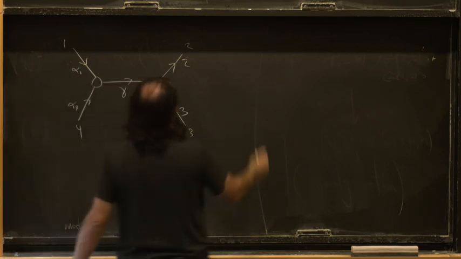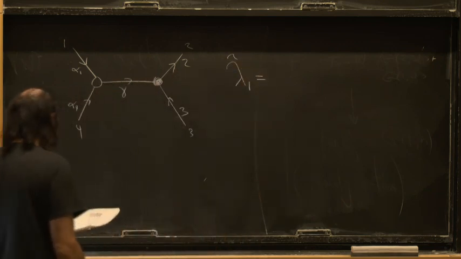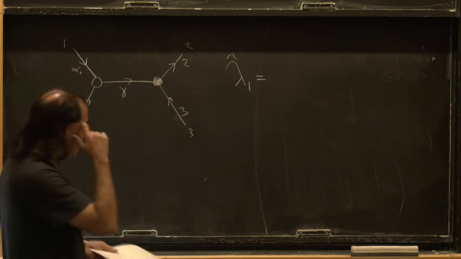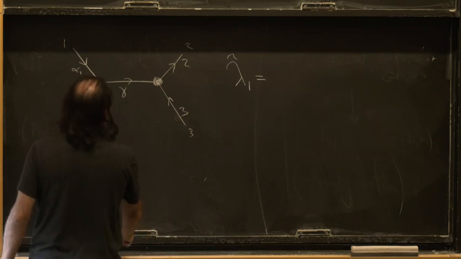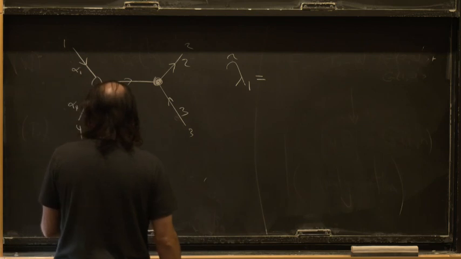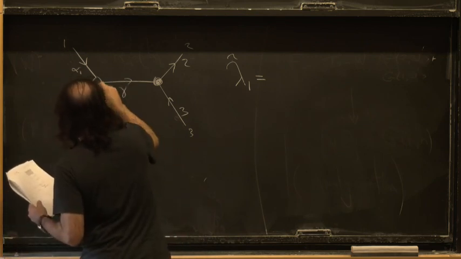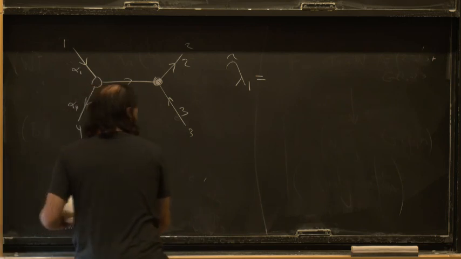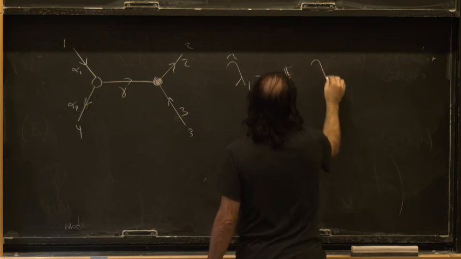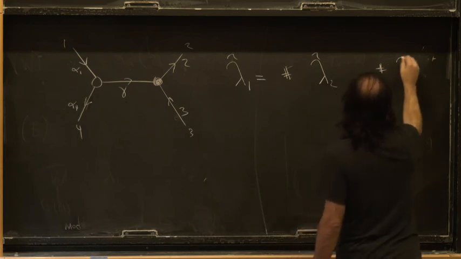There's a formula that says lambda tilde 1, this is a source, is equal to some combination of the sinks. So it's going to be something times lambda tilde 2, which is a sink, and something times lambda tilde 4.